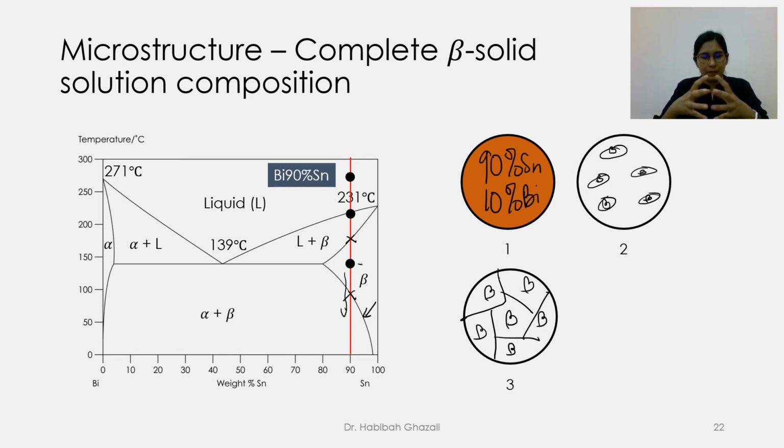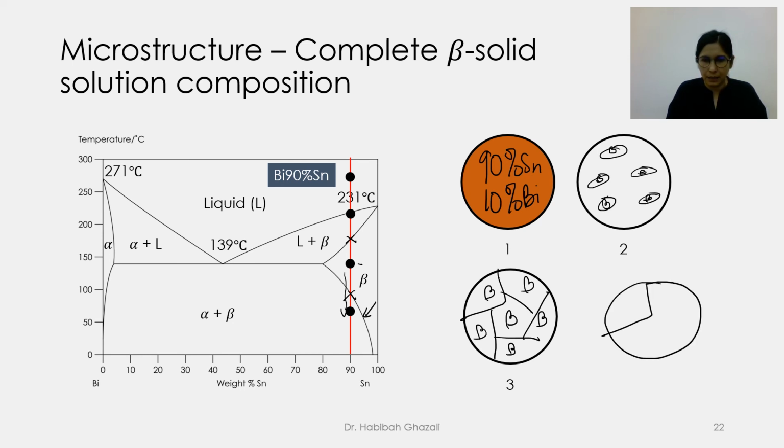So the atoms of bismuth are going to be squeezed out of the crystal structure of tin. When that squeezing of the bismuth atoms happens, some tin will also be squeezed out, and it will form a precipitate of alpha solid solution outside the beta solid solution. The microstructure, after it passes that solvus line, will look like this.